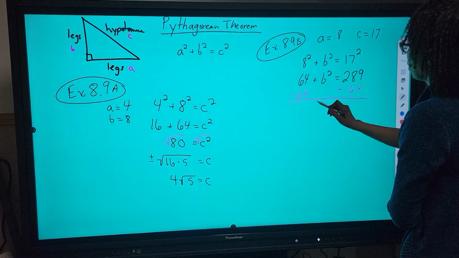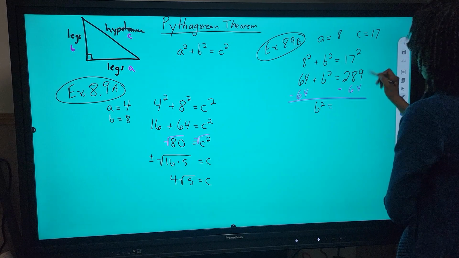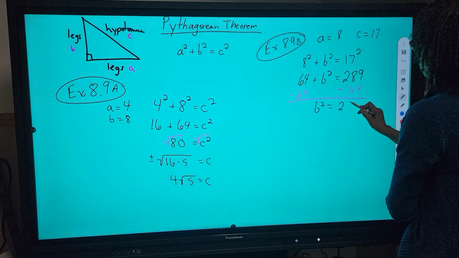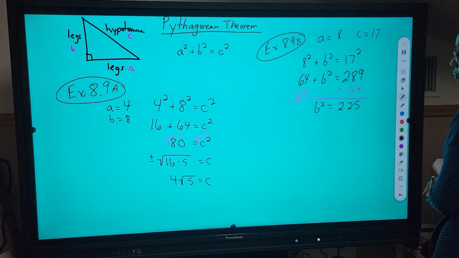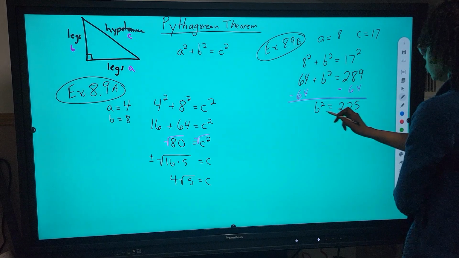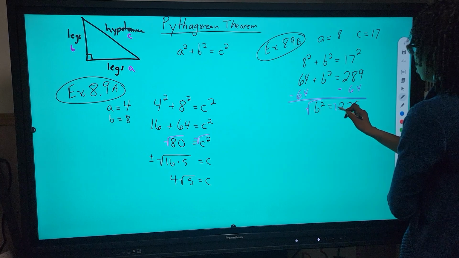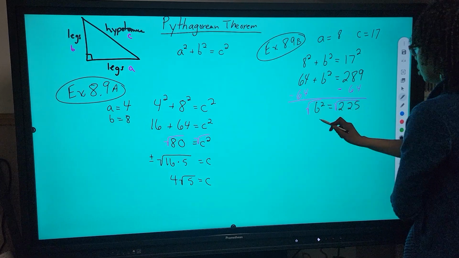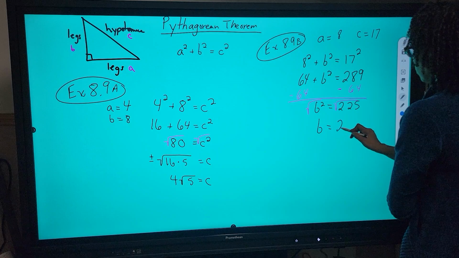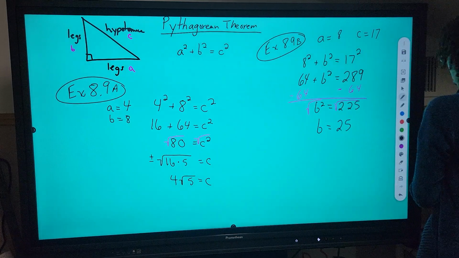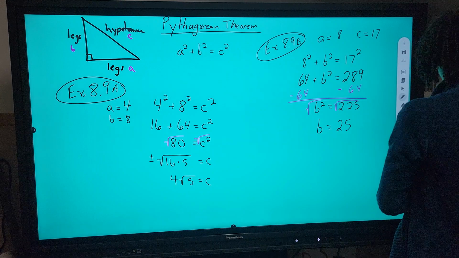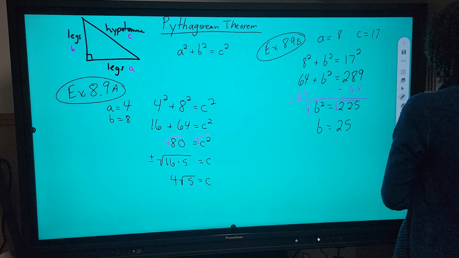So we got B squared, and then we subtract, you're going to get 225. Lastly, we want to get just B, not B squared. We'll take the square root of both sides. And we know that B is now equal to plus or minus, or in this case just, oops, not 25, 15.